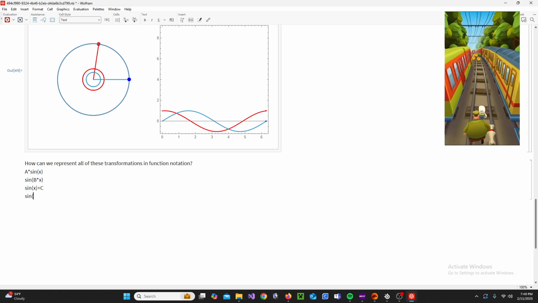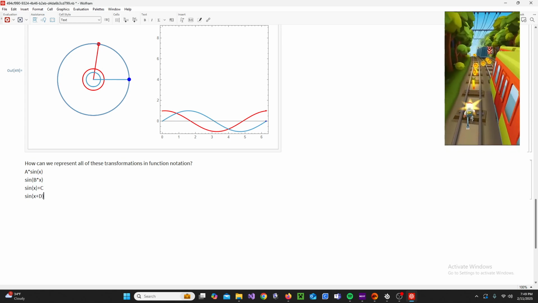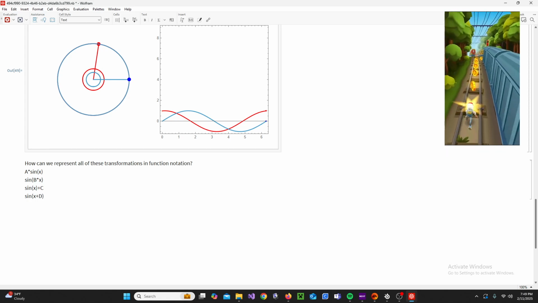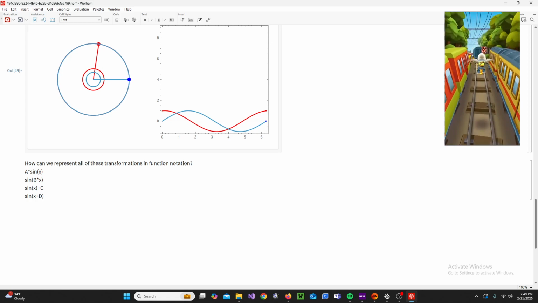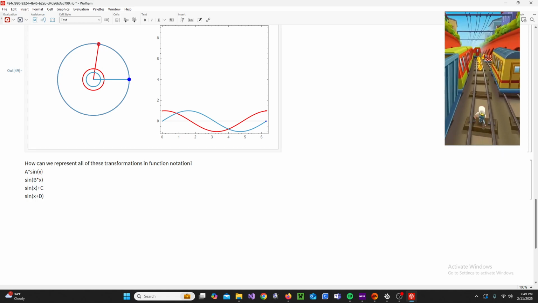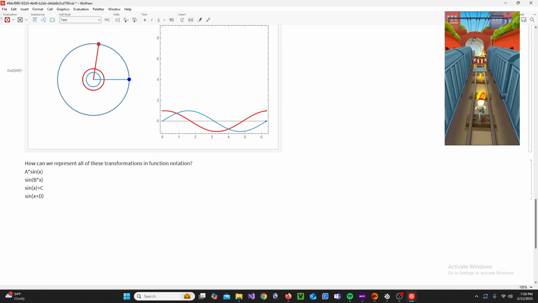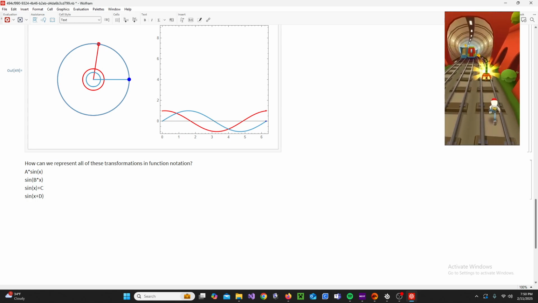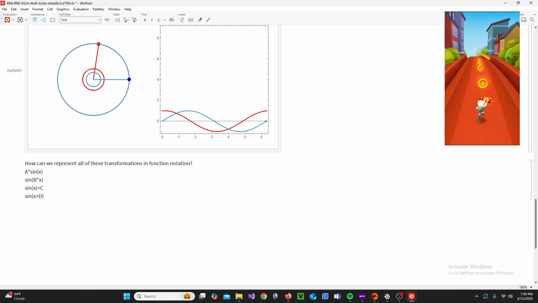And lastly, I gave the other circle a head start. So that also turned into doing some operation on the inside of the function, adding or subtracting some value on the inside. So there's four basic operations in math, four basic things that we can do to our functions to do these transformations.